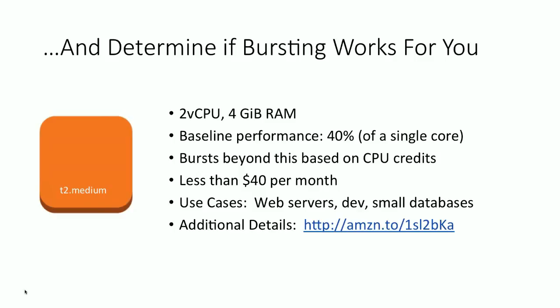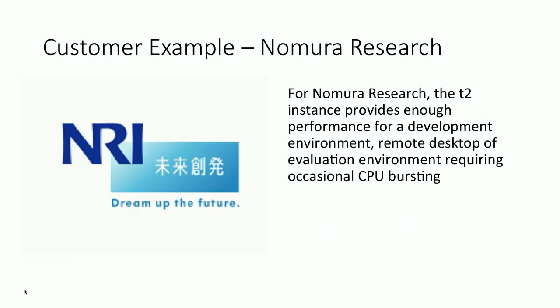So T2 instance types are really handy for a lot of bursty workloads. Bursty workloads are typically your development environments, web servers, even small databases, where you don't have that consistent performance requirement out of the instance type. If we look at some of our customers leveraging T2, we have the Nomura Research Group.